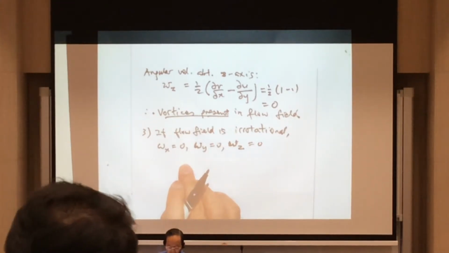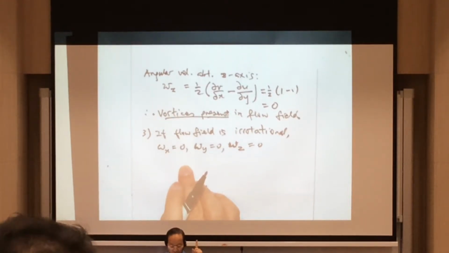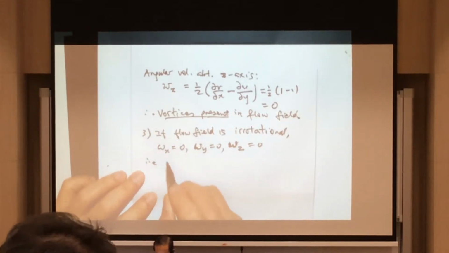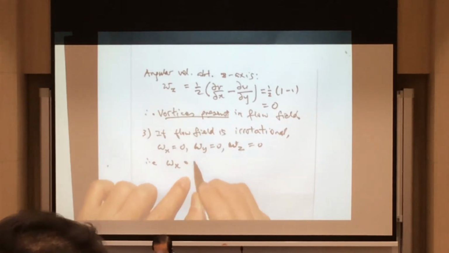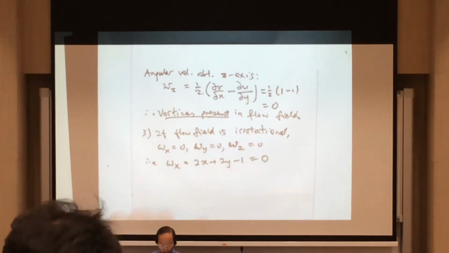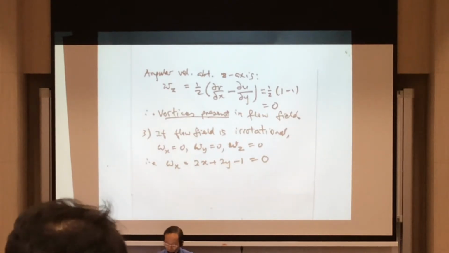From our earlier expression in part 2, we got the expression for omega x. We found omega x is equal to half bracket 2x plus 2y minus 1. So omega x is equal to 2x plus 2y minus 1, and that is equal to 0. We also got in part 2 the expression for omega y.